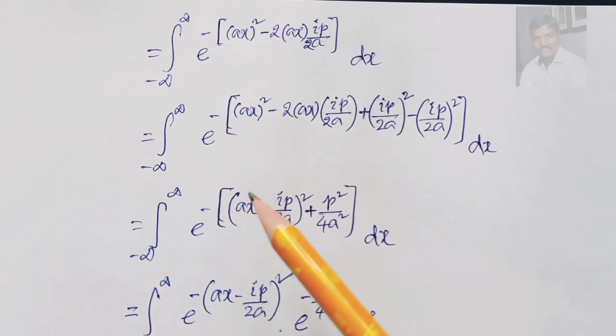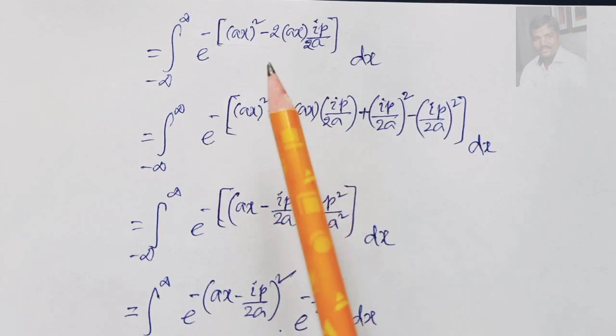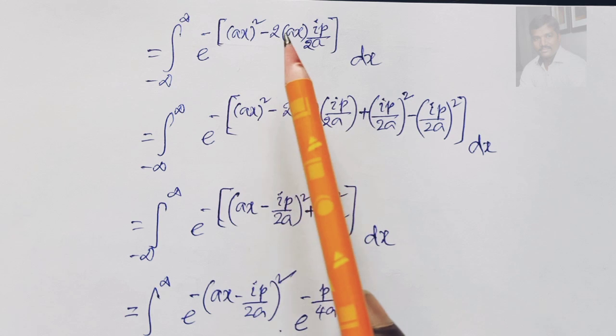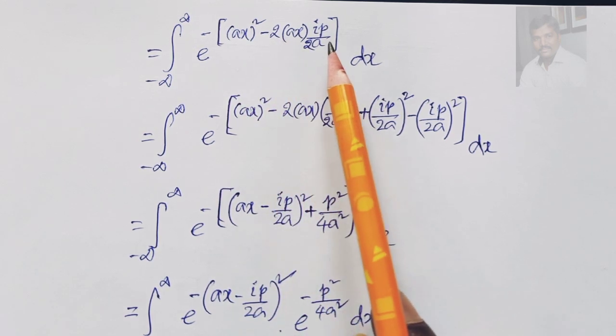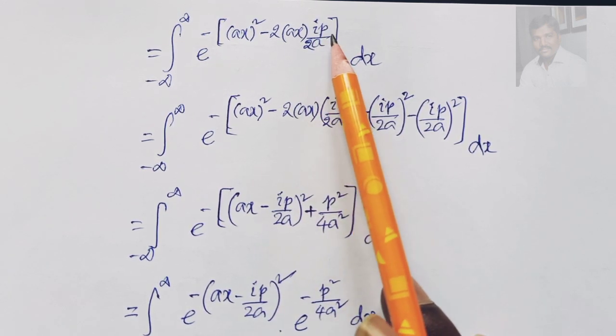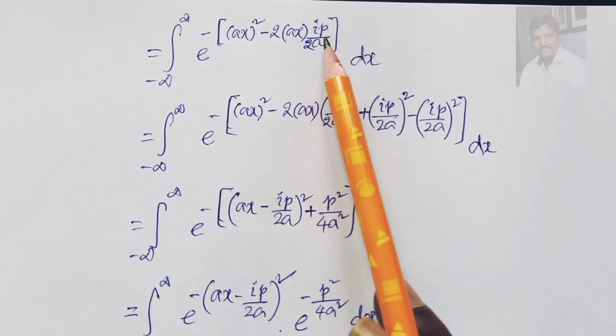In order to write it in that form, I am making some modifications here. Here a square minus 2ab is there, but plus b square is missing. For that I am going to add and subtract b square. Here b is ip by 2a.